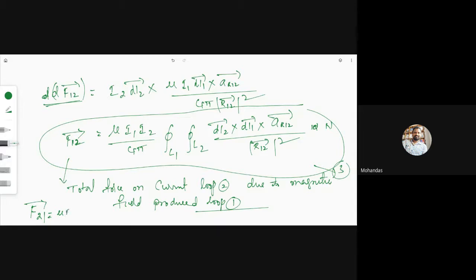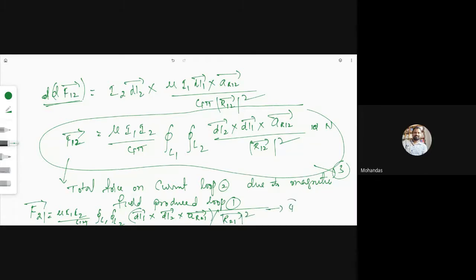Mu into I1 I2 divided by 4 pi, integral over loop L1, integral over loop L2, dl1 cross dl2 cross a_R21, divided by R21 magnitude whole square.